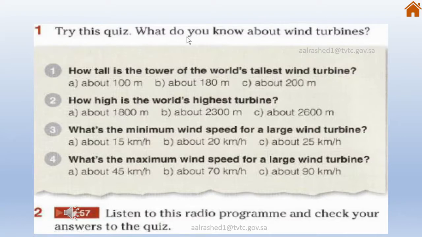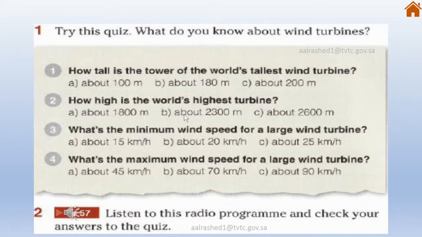But the world's highest wind turbine is about 2,300 meters up a mountain. Unit 11. Recording 57. But the world's highest wind turbine is about 2,300 meters up a mountain in Gutsch, in Switzerland.